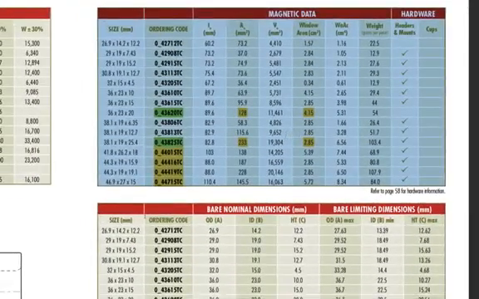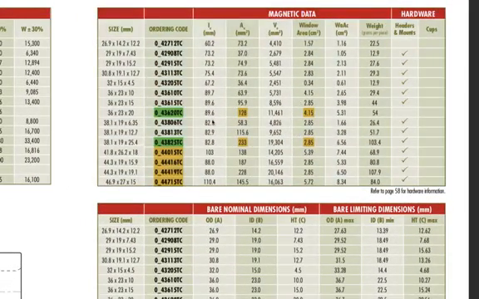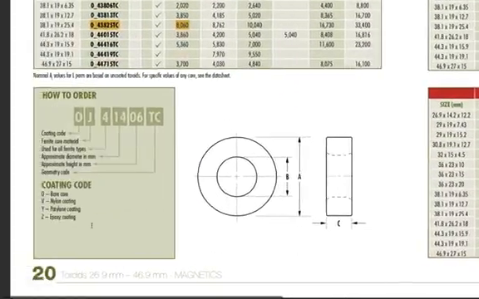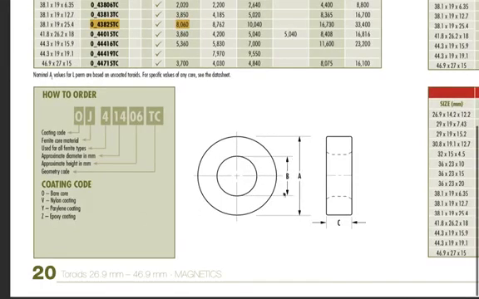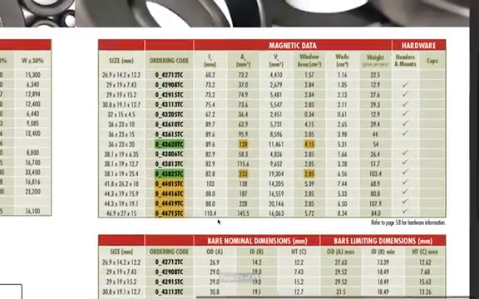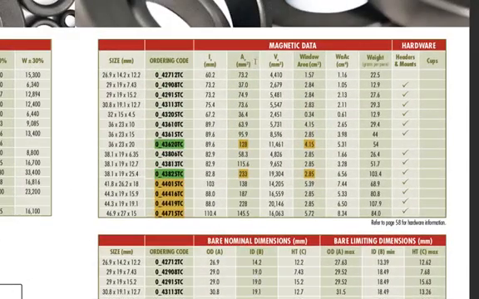This is for the toroidal core, and you can see the different dimensions are given here. B is nothing but your inner diameter, A is your outer diameter, C is the thickness of the core. Depending upon those, the cross sectional area is also given, and the window area is also given. So we have the window area and the cross sectional area, you can find the product and meet your requirement.